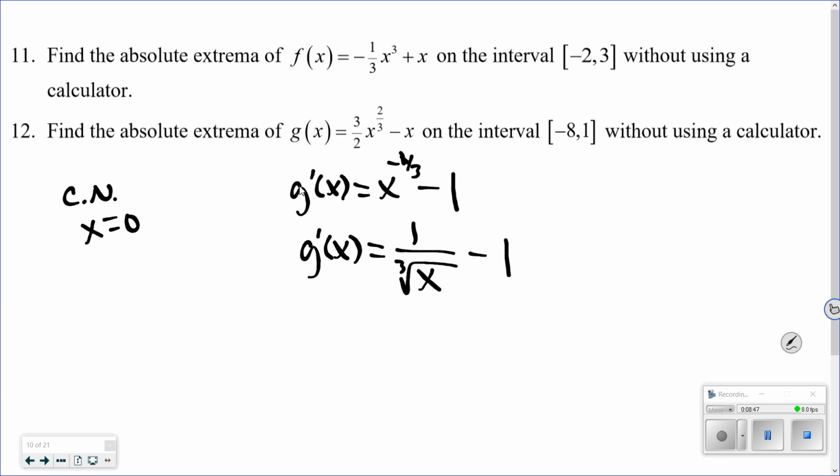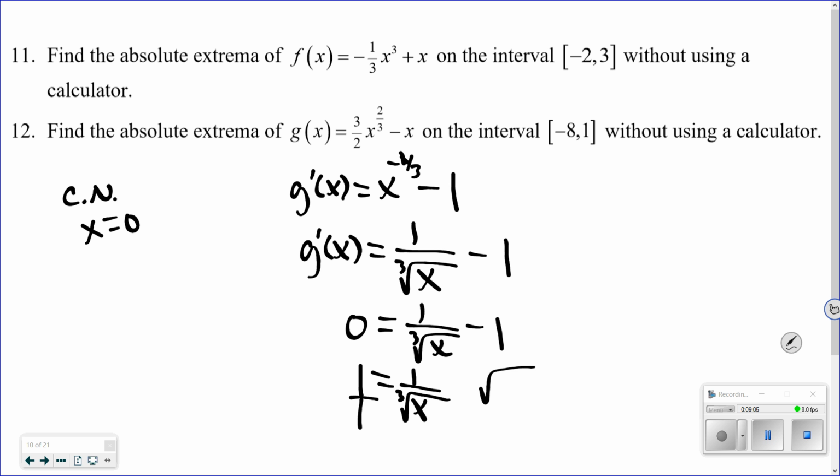I also have to find out when it's equal to 0. So let's do that. If I go 0 equals 1 over the cube root of x, minus 1. If I add the 1 over, you could actually cross multiply or multiply by the cube root of x. Anyway, we end up with the cube root of x equals 1.